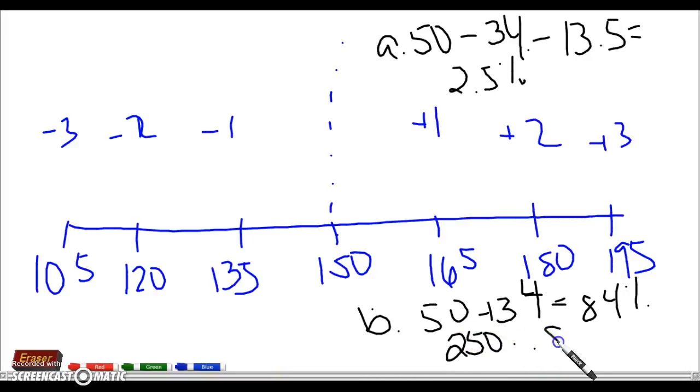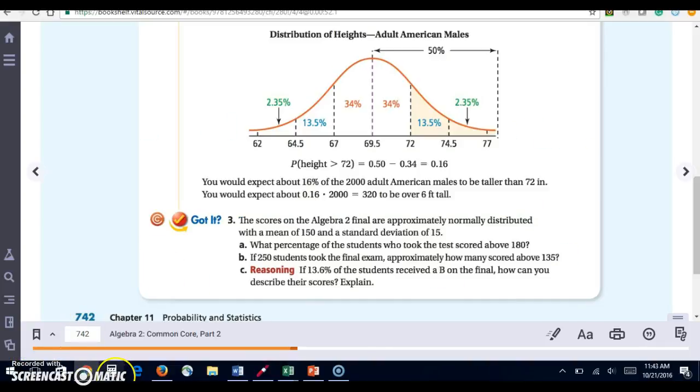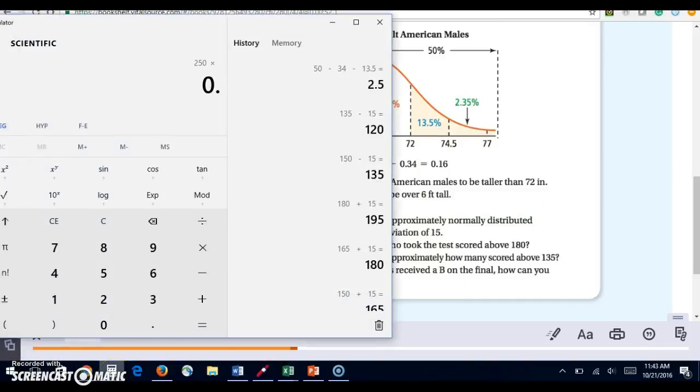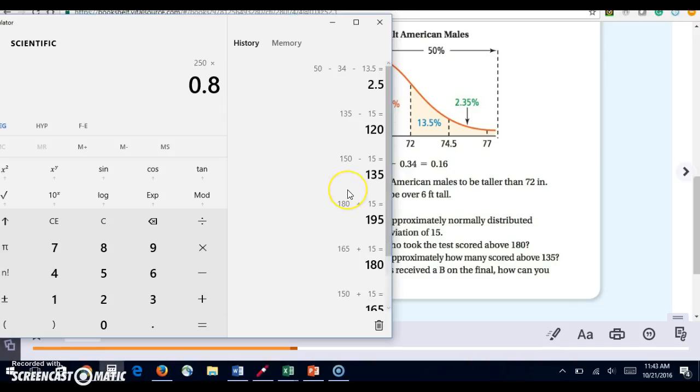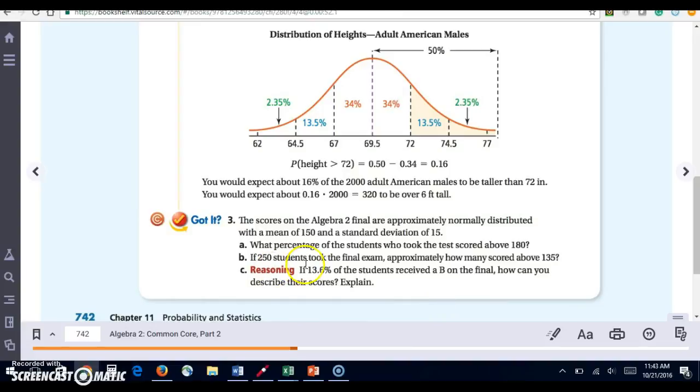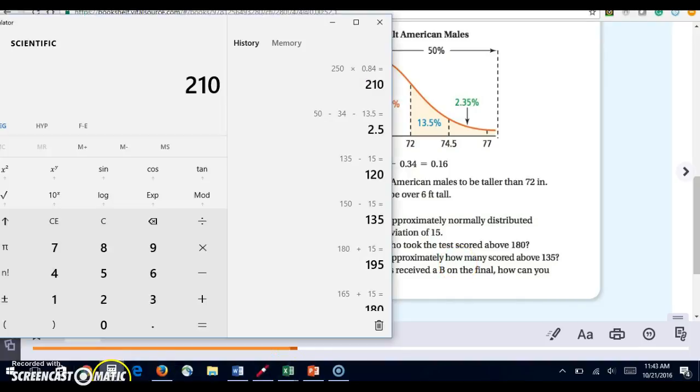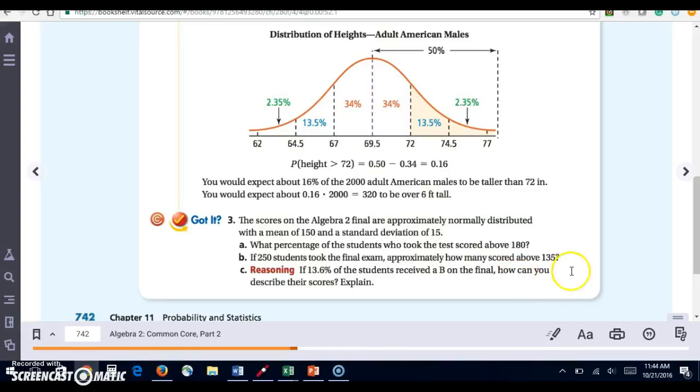So 250 times 0.85, because I changed it into a decimal, will give me, what's that point, 85? No, it's supposed to be 84. I'm sorry, that's why I was confused. Confused my own self. 84. 210 students. Wow. So, if 250 students took the final exam, approximately 210 of them would have scored above 135.